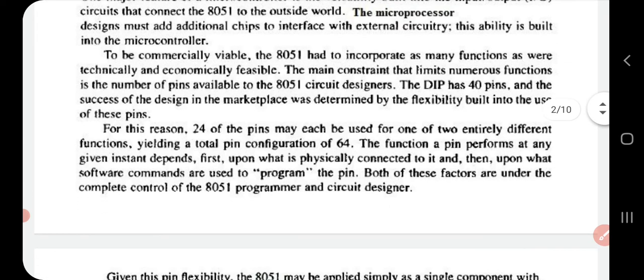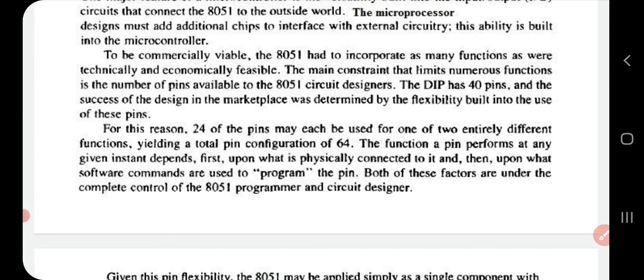Now, the 8051 incorporates many functions and its design is highly feasible, but one of the most important conditions that limits it is the 40 pins.